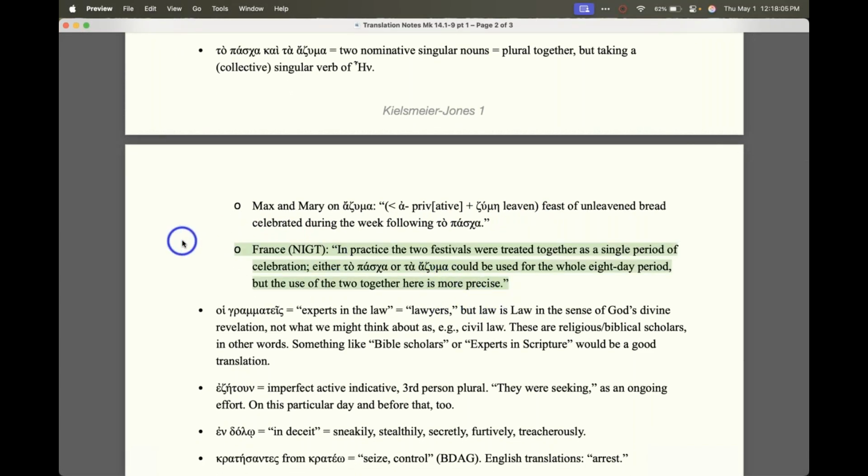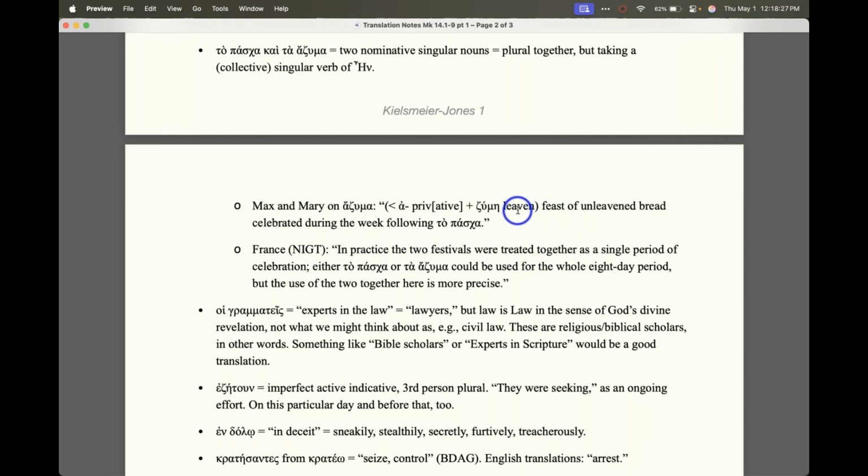Now to summarize what could and probably should be a much more extended study, maybe on our own, France has a pretty lengthy section about this in his NIGTC. I left out the C in the handout there, but New International Greek Testament Commentary.